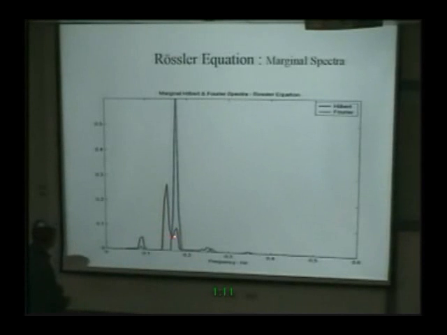The higher frequency has low and high frequency, low and high frequency. What Fourier gives you is this frequency. This frequency is the mean of all those frequencies. So the Fourier always gives you an average.